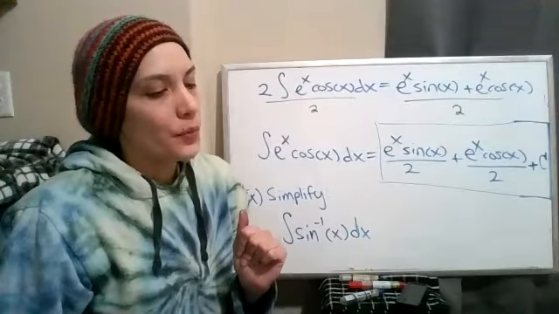We let u be sine inverse of x, and dv will be equal to dx.